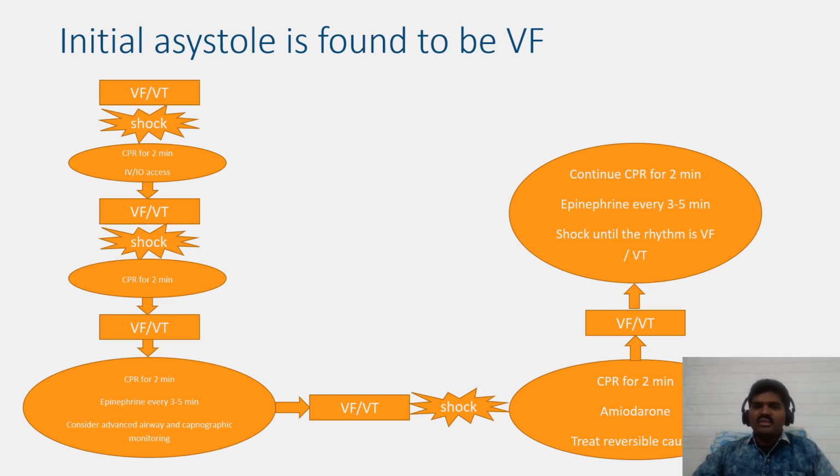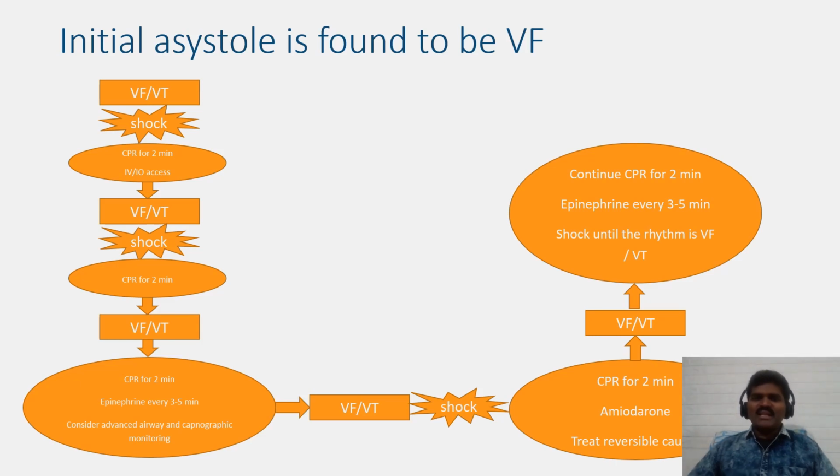If VF or VT is still there, you continue CPR for 2 minutes. Epinephrine every 3 to 5 minutes can be given. A second dose of amiodarone at 150 milligrams can be repeated, and there is no limit for the number of shocks you give as long as you see a shockable rhythm. Go on continuing CPR and shocks for VF or VT. Finally, it's the decision of the treating doctor, depending on the situation of the patient, whether the patient can be revived or not.